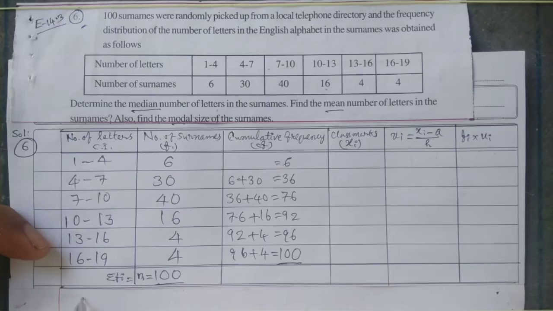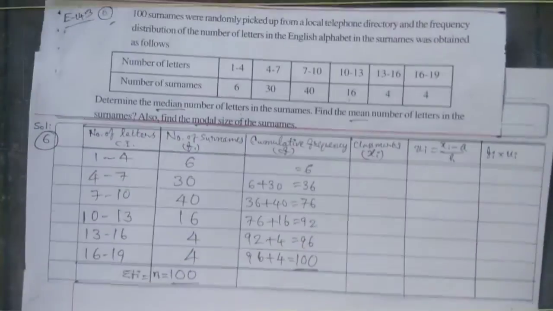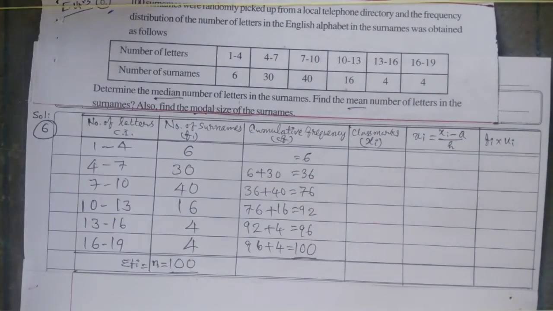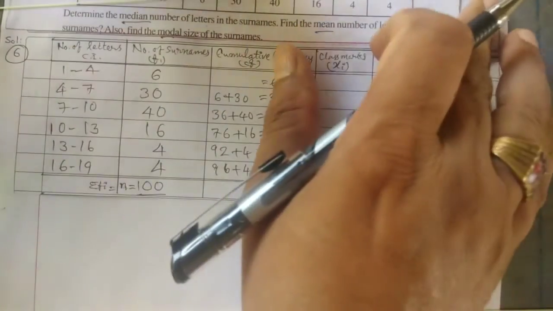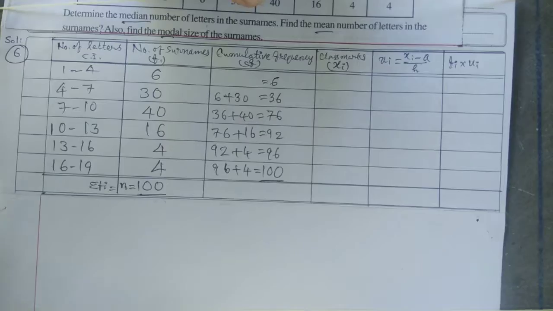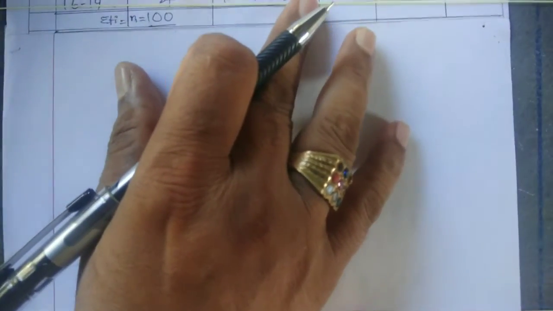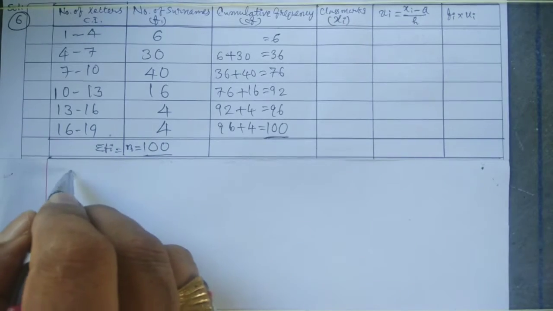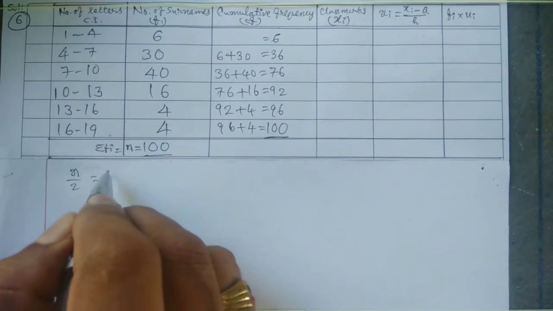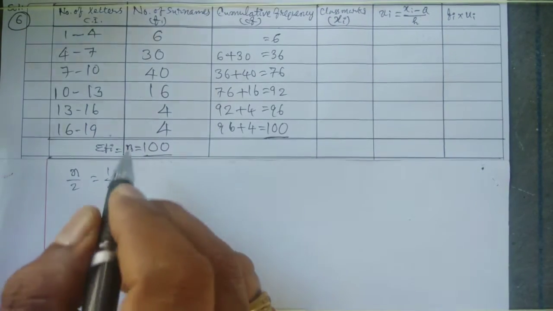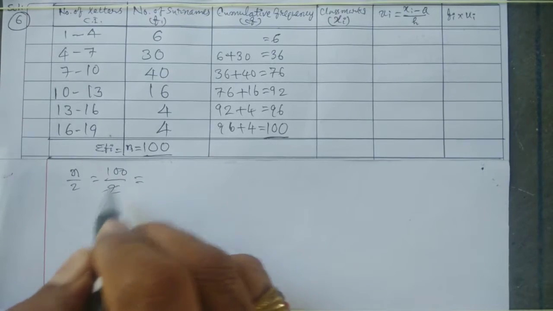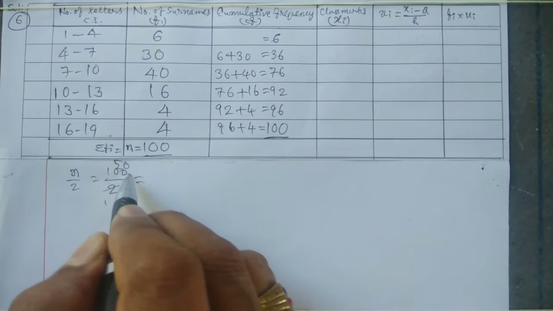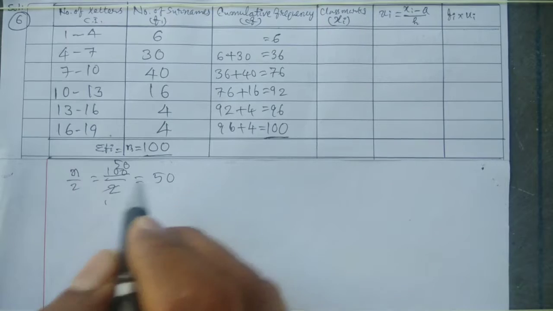We have to find n by 2 basing this. n by 2 means n is total 100, so n by 2 is equal to 100 by 2, which is 50.